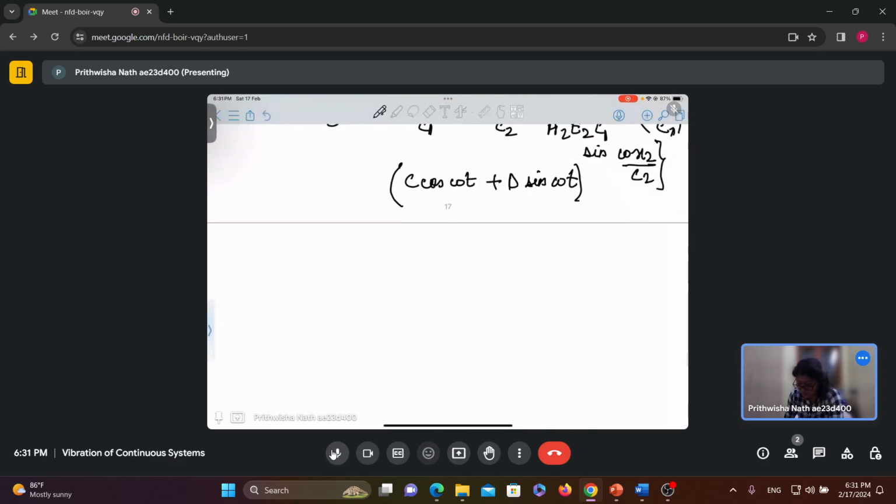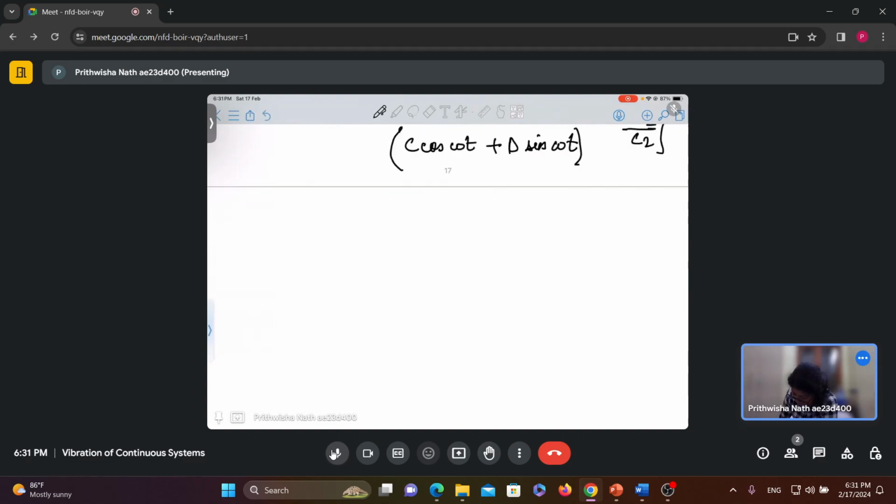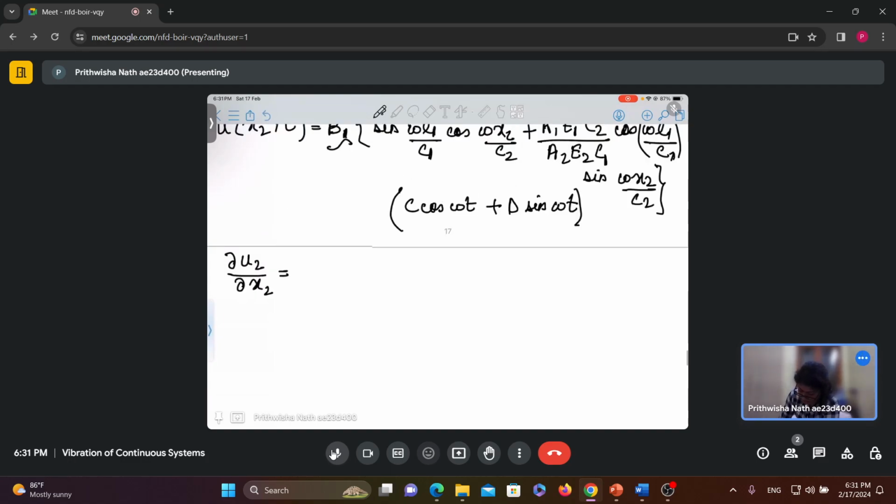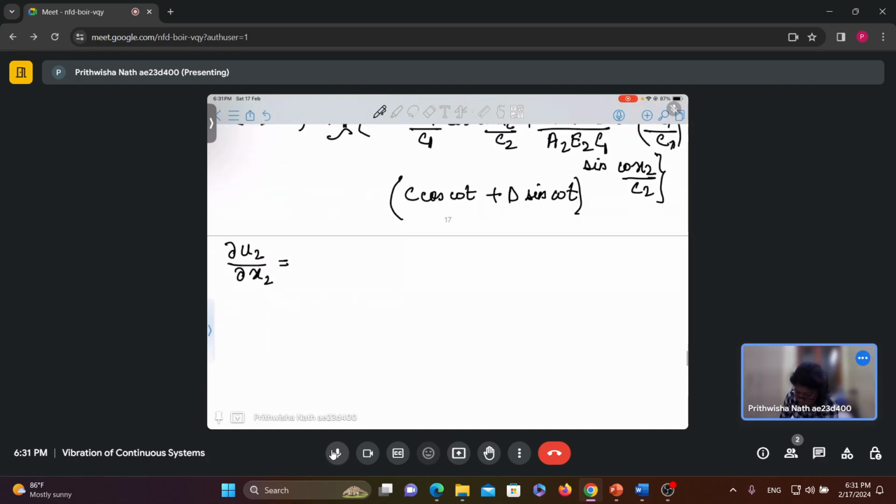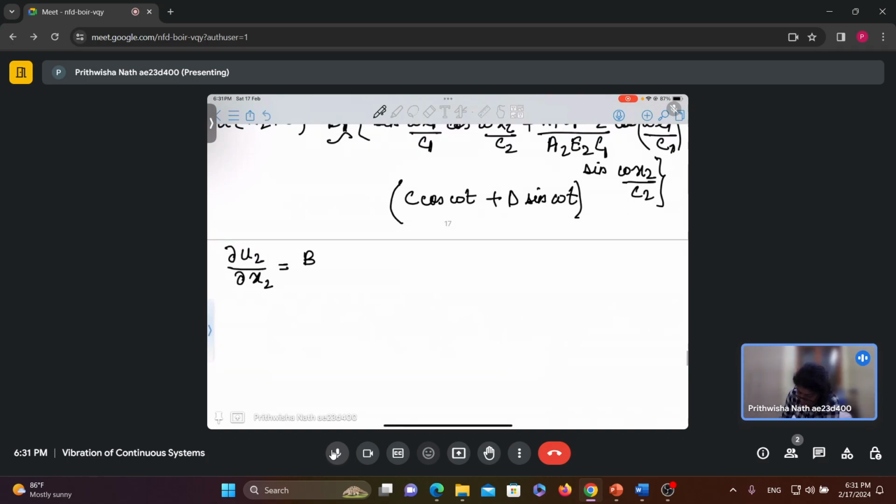Now I differentiate this. The partial derivative of U2 with respect to x2 becomes B1 tilde omega by C2, I am taking common omega by C2.